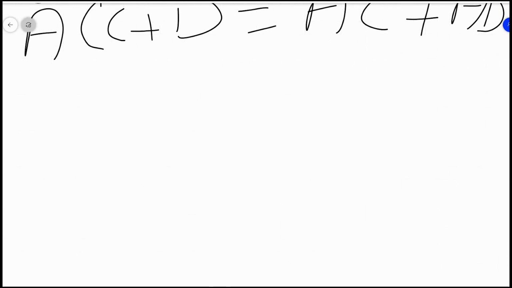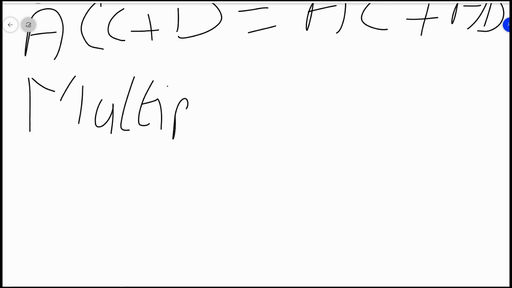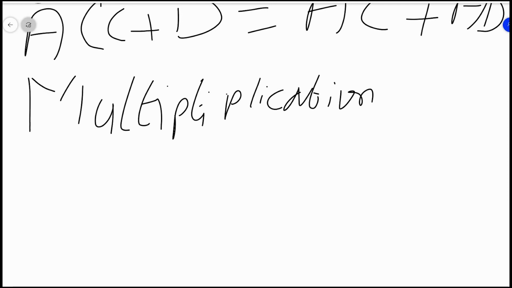So moving on from there, then we can multiply by an identity matrix. I told you the other time that when you multiply by an identity matrix, you get exactly what you multiply by the identity matrix. So multiplication with the identity matrix.